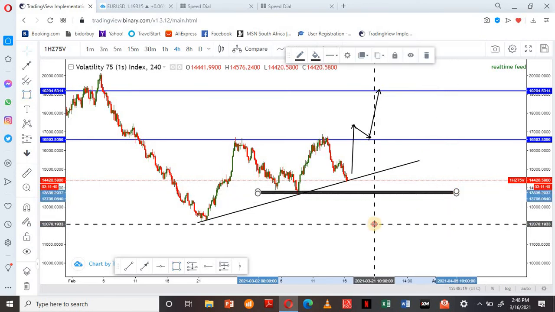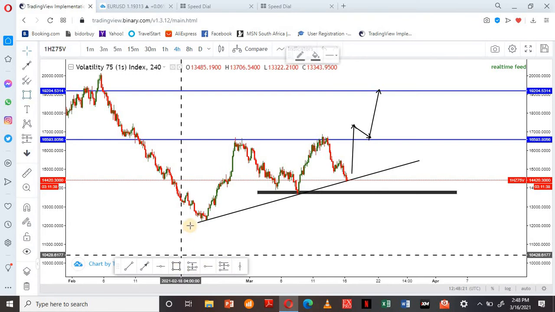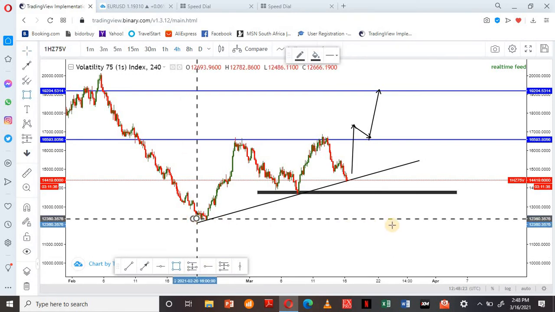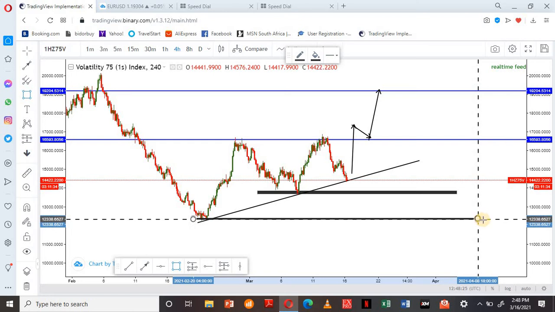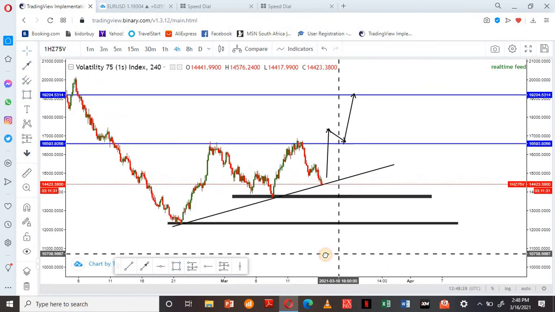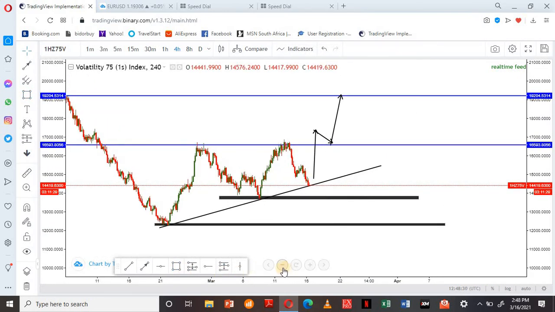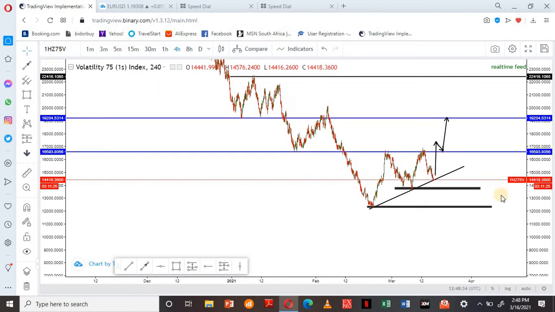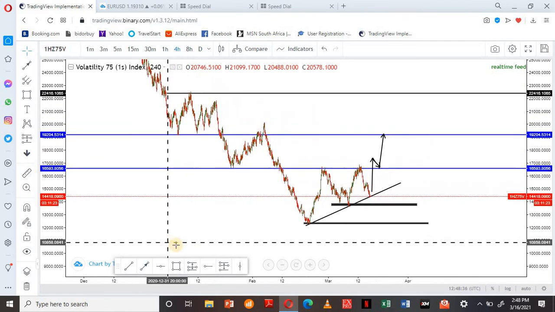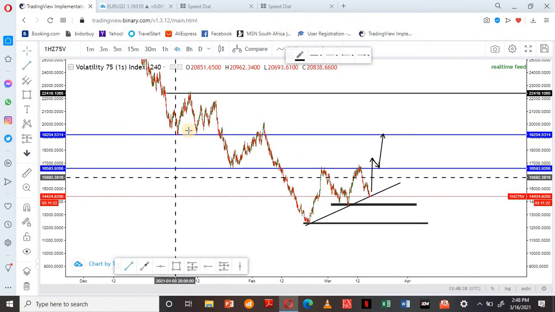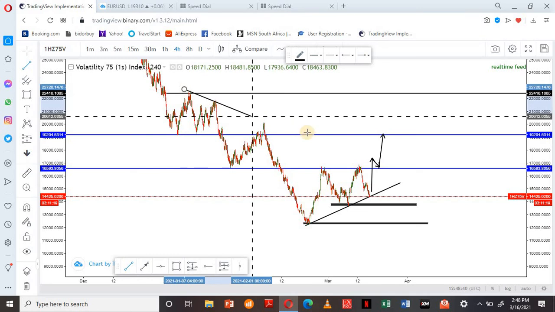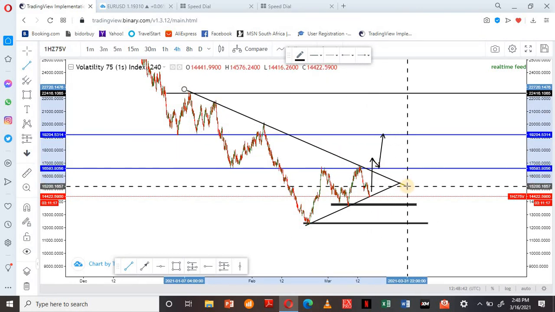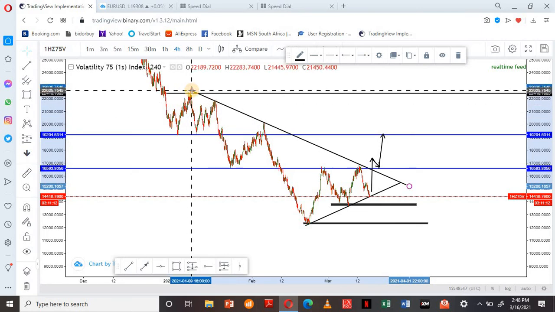There is our mini support, and we have our major level of support there. Nothing changed. And you can see that we have a flag there.